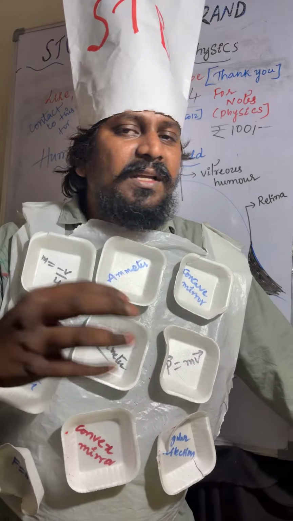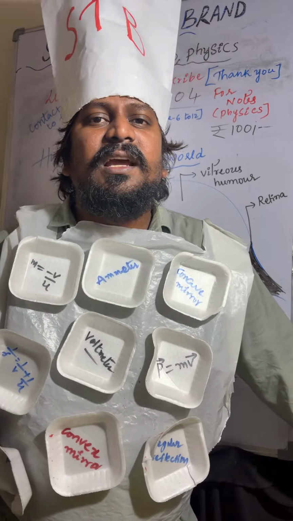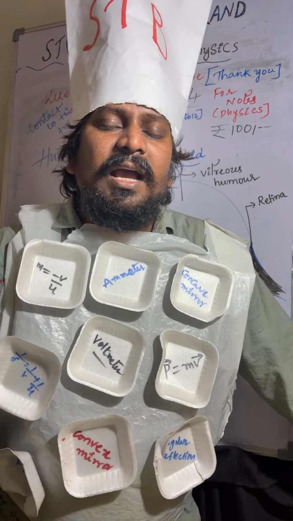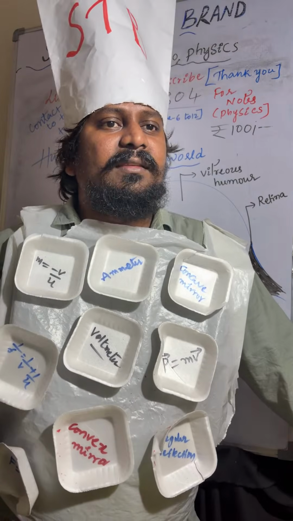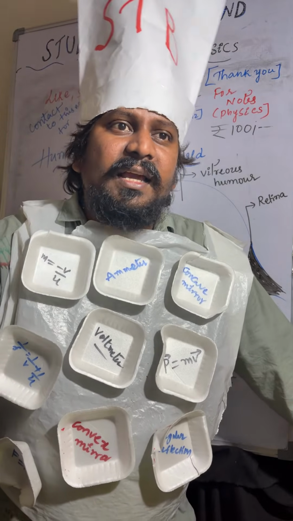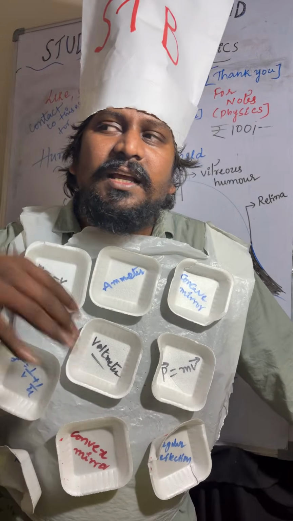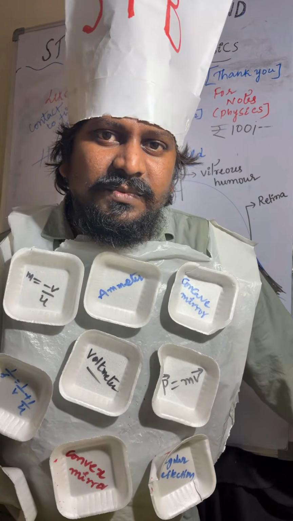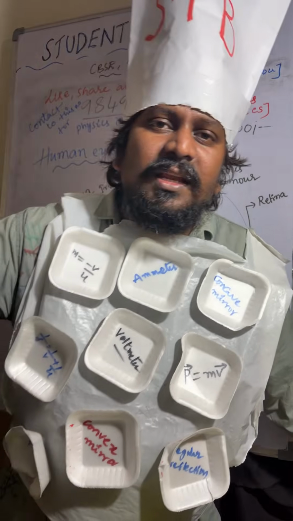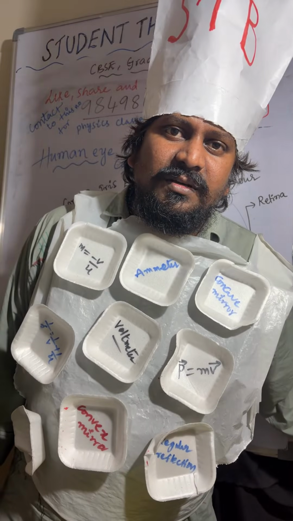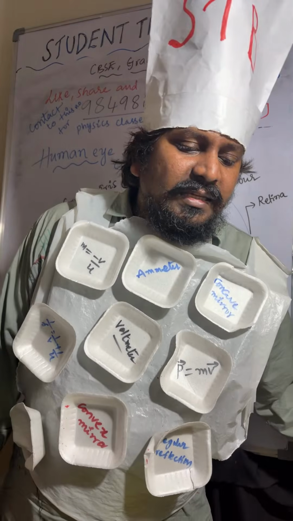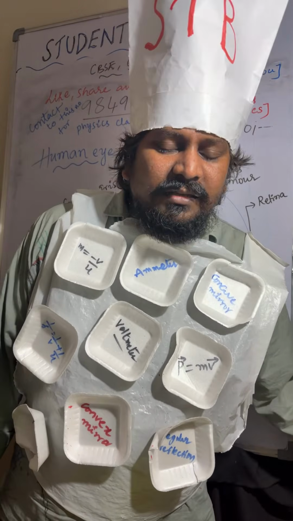Ciliary muscles will adjust the curvature of the eye lens so that the eye lens can adjust its focal length. By that we are able to see nearby as well as far distance objects. Right? Yes. So these are the parts.